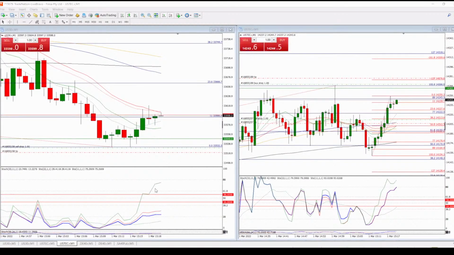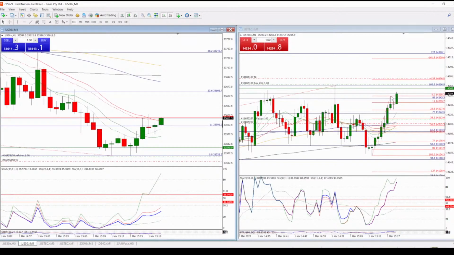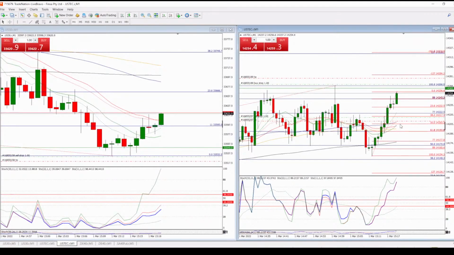There, Dow closed above that 61.8, that 11 stochastic. Let's see if we can get that separation short. Close above the 22 zone moving average, break previous candle high.